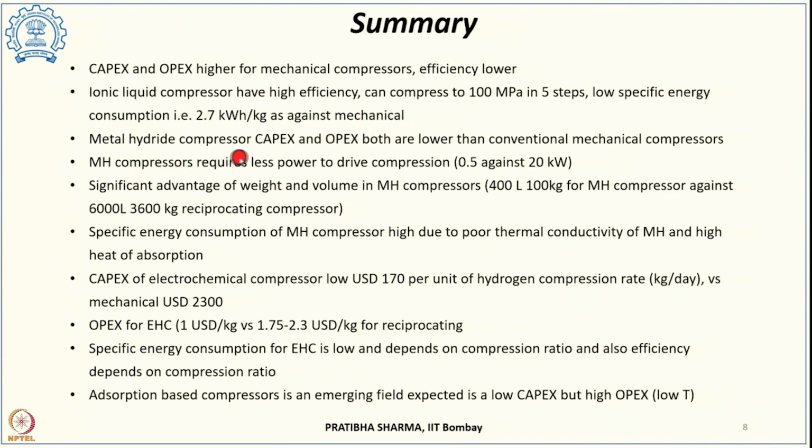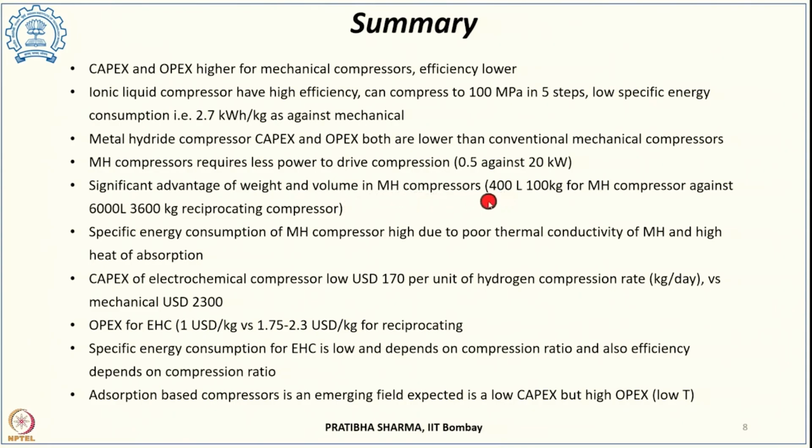Metal hydride compressors have both capex and opex which are lower than the mechanical compressors. Metal hydride compressors require less power, like 5 kilowatt per kg as against 20 kilowatt for the reciprocating type, and there is a significant advantage of weight and volume in metal hydride compressors.